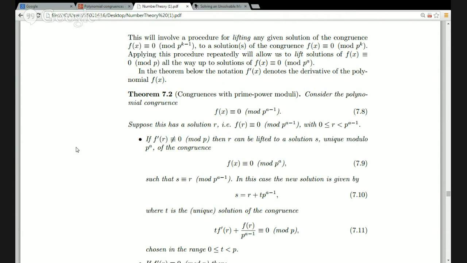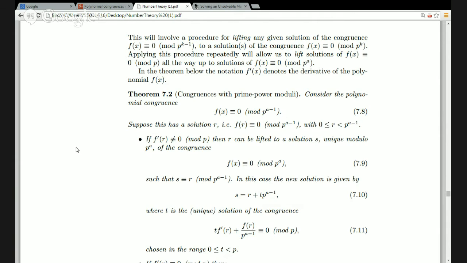So what have I said there? This is page 50 now. This will involve a procedure for lifting any given solution of the congruence f(x) equals 0 modulo p to the k minus 1 to one or maybe more solutions of the congruence modulo p to the k. So as well as one solution lifting to a solution at the next level, they can also branch. You can have one solution here lifting to multiple solutions modulo the next level, so the number of solutions can grow quite a lot.